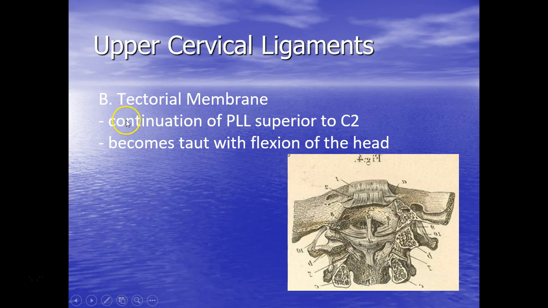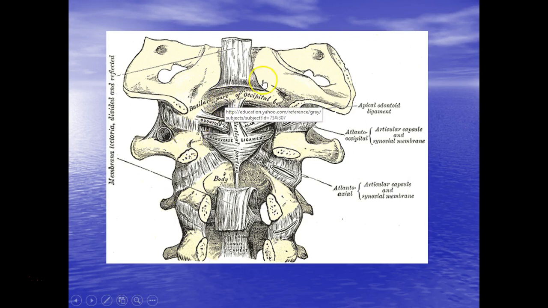Then there's a continuation of that ligament from C2 upwards to the basilar part of the occipital bone at the front of the foramen magnum, and that ligament is known as the tectorial membrane. It resists, as pretty much all these ligaments do, excessive flexion of the head and neck.